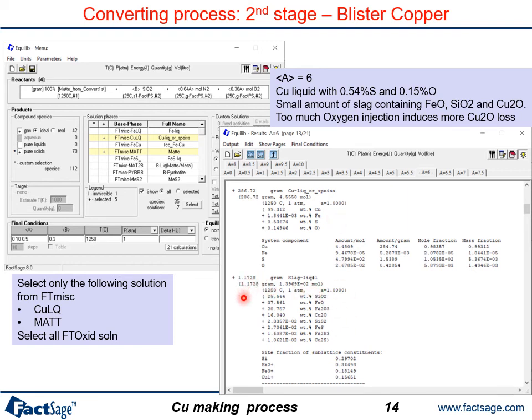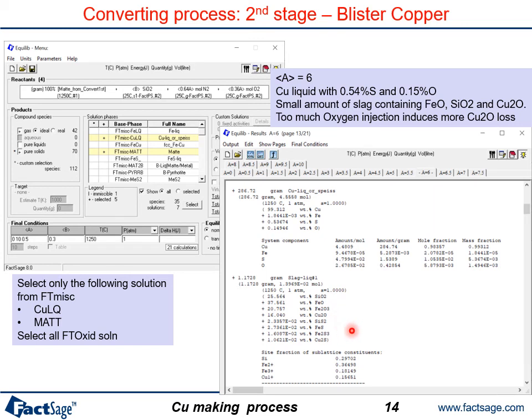And that iron went to the slag by reacting with SiO2. So you see that there's SiO2 and then some amount of iron oxide. And then you're also losing a certain amount of copper as Cu2O in the slag. So you have to watch out for this copper also.